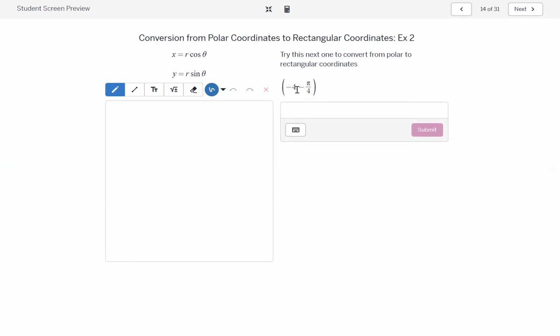All right, so now they're being a little extra. They're giving us all negative numbers. But same calculation. So again, I still like to start by labeling my point.